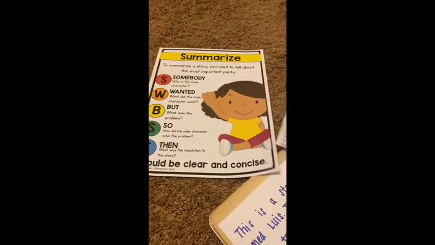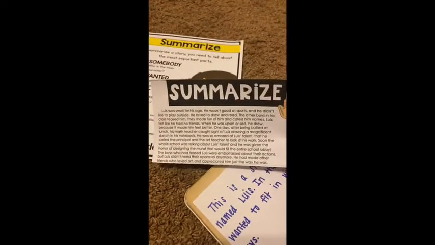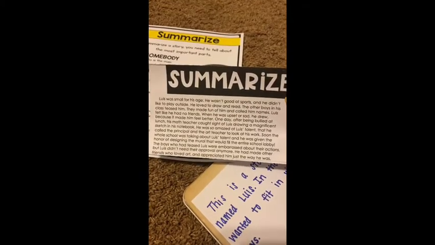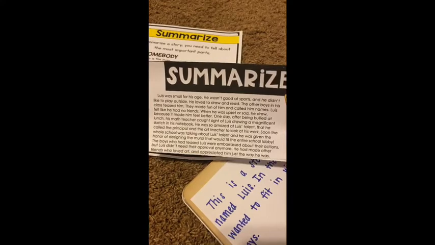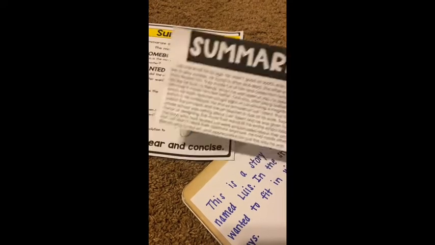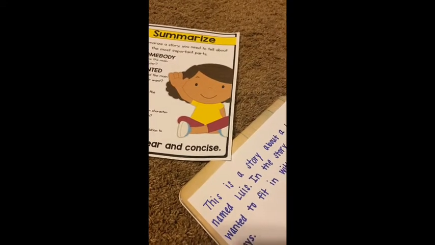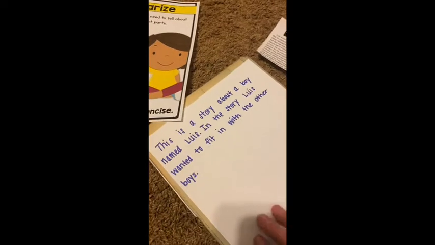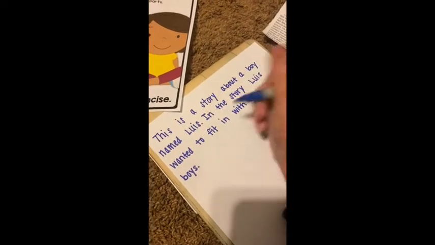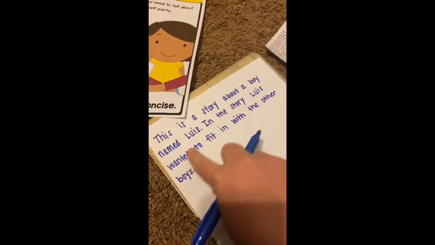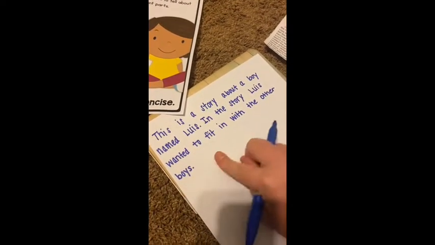But what was the problem? Well, when I go back and read this, it says that the problem was Louis wasn't good at sports. And he wasn't someone who liked to play outside. So that's the problem, because the other boys liked to play outside and liked to play sports. So I'm going to put, this is a story about a boy named Louis. In the story, Louis wanted to fit in with the other boys.